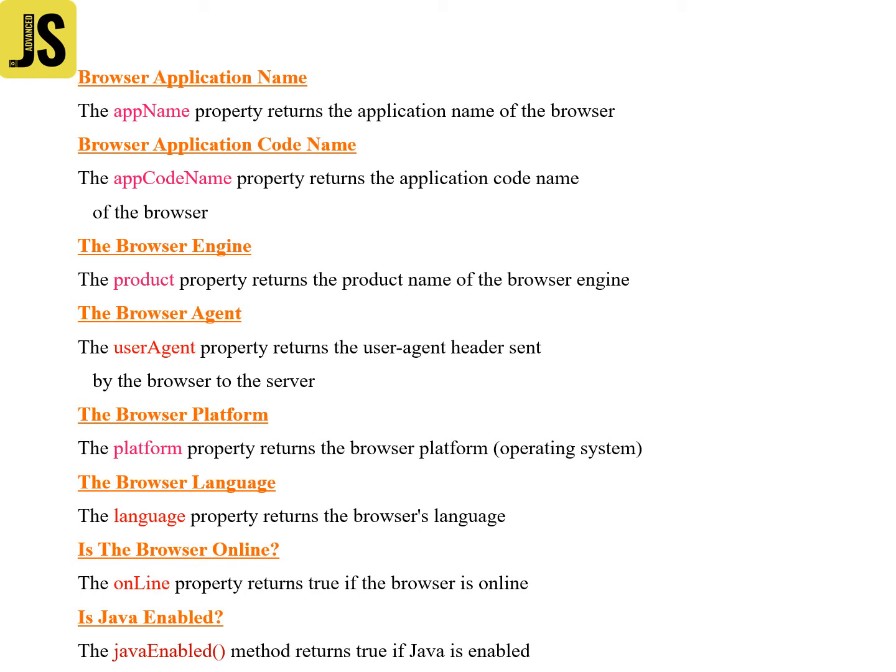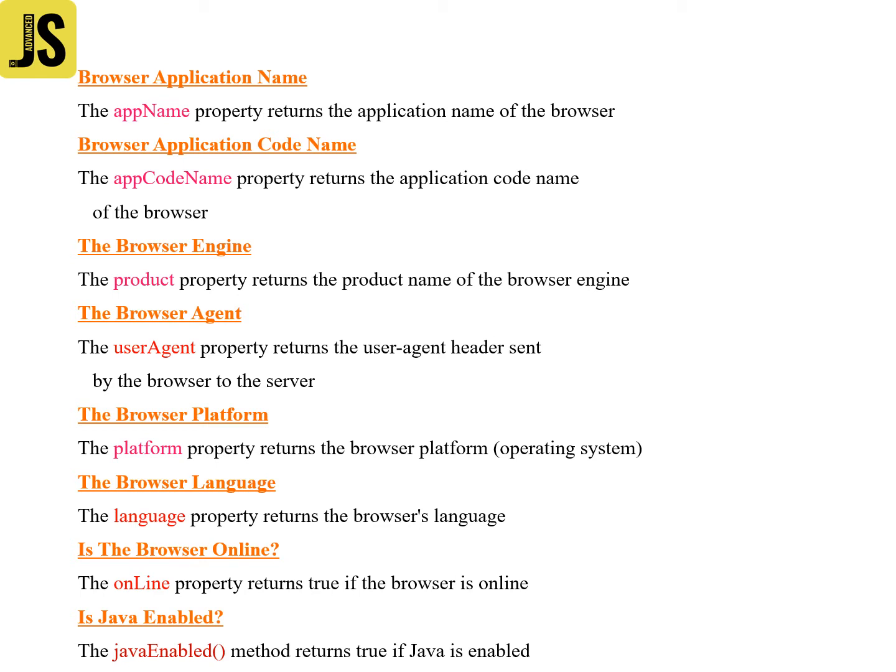Is Java enabled? We can check whether the browser is compatible for Java applet programming or Java programs. For that, we have to use a method called javaEnabled. The javaEnabled method returns true if Java is enabled in the browser. So the javaEnabled function also produces a Boolean value.